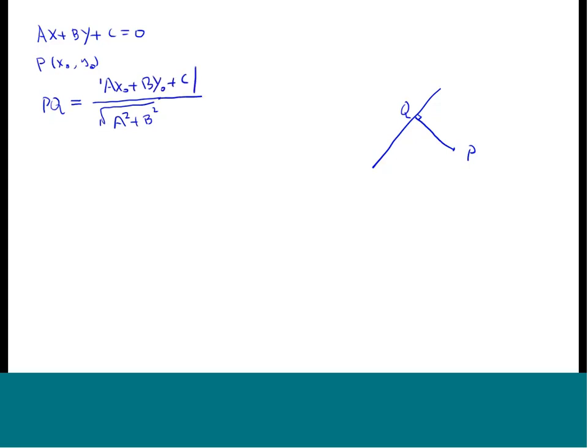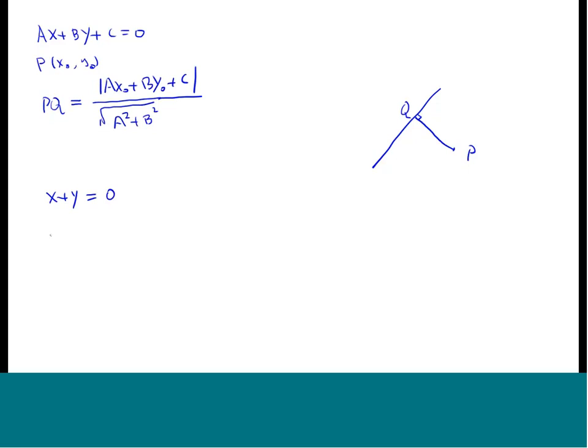So how do you remember that thing? Remember when the point P is on the line, then the distance is 0, okay? Let's look at an example to see what that really means. Say, for example, x plus y equals 0, that's the line.